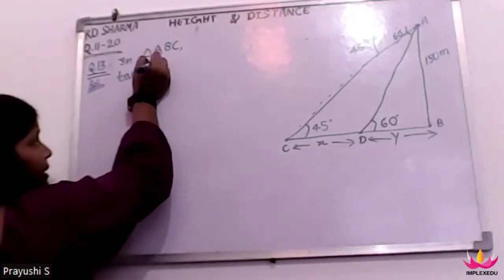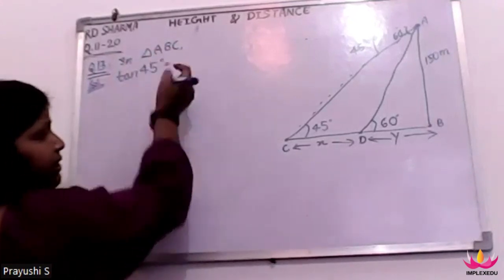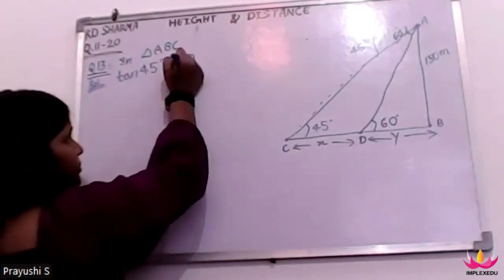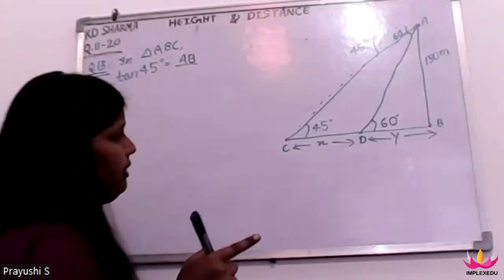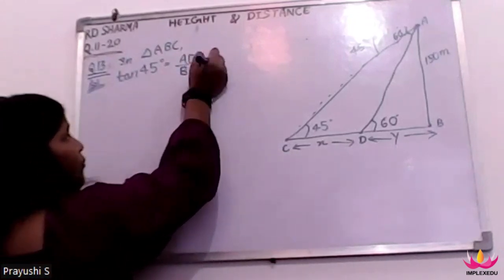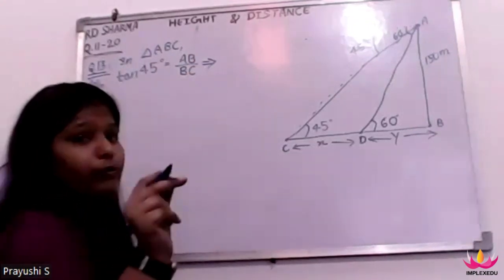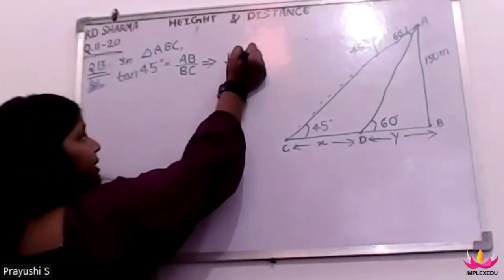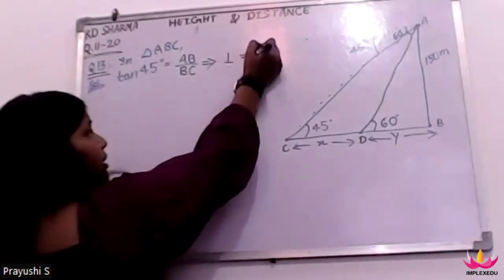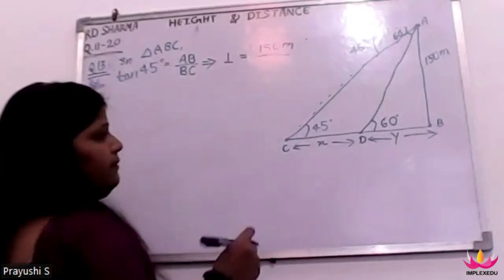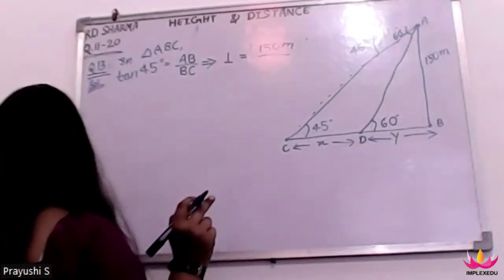tan 45 degree will be equal to height AB upon CB, means BC, correct? Now we know that the value of tan 45 degree is 1. So we will write 1 here and the value of AB is 150 meter upon BC is equal to x plus y.